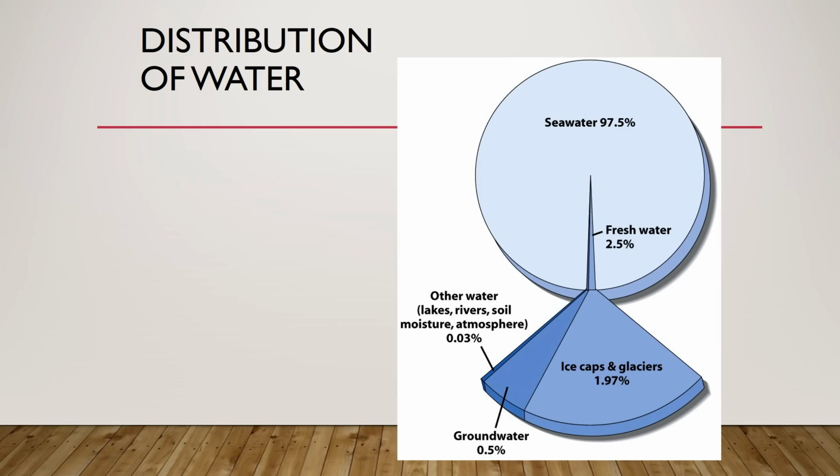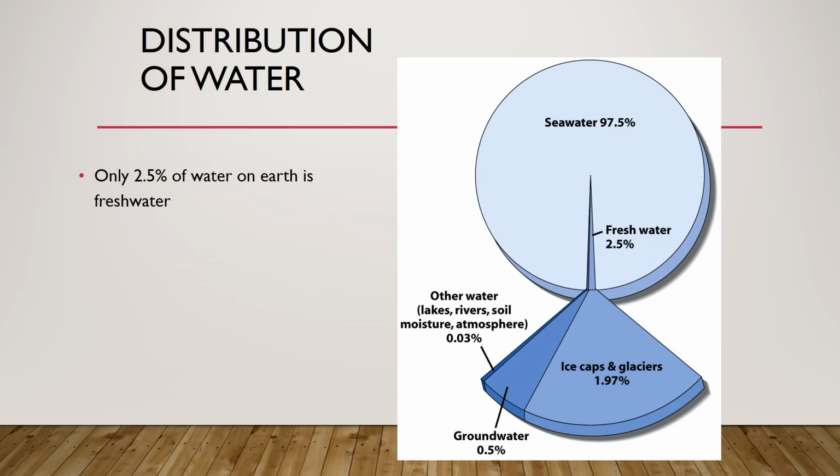All right. So if we look at water globally, we are a water planet. There's water all over the place. So you might be wondering, why do we talk about things like drought and water shortages? Well, part of that reason is that of all the global water, only 2.5% of it is actually fresh water, the type of water that we can use for drinking and cooking and cleaning and irrigation and industrial processes.